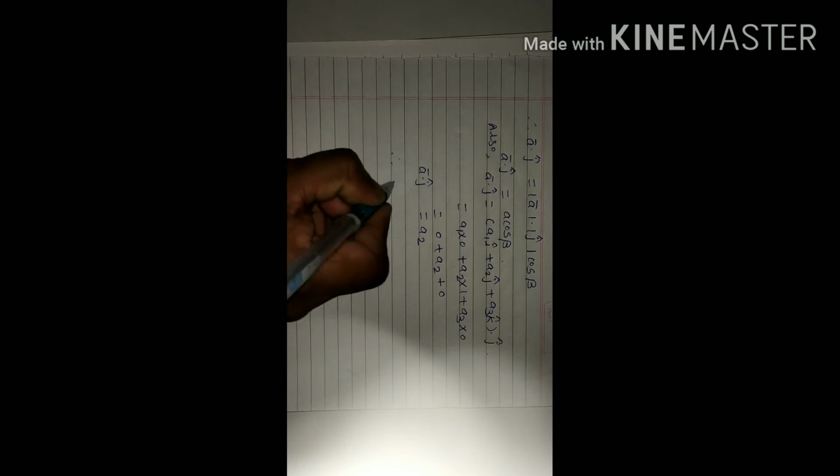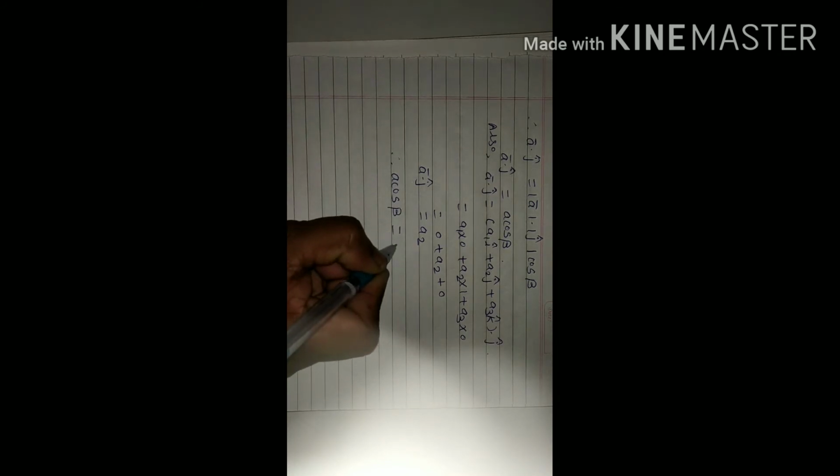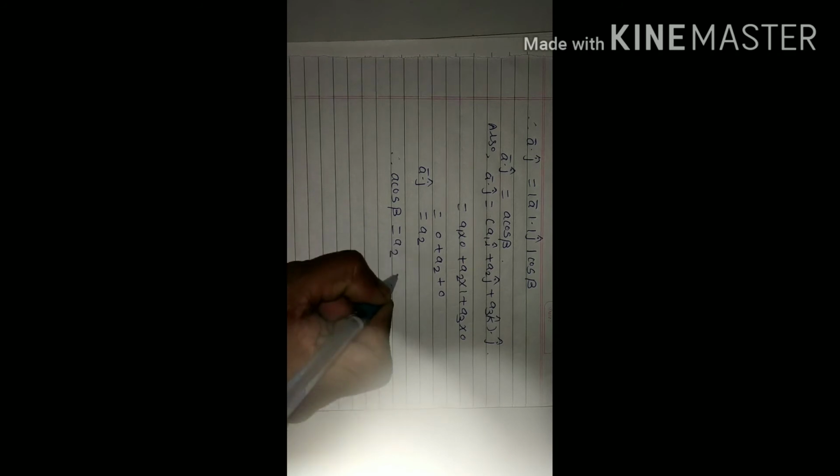Then observing both the above equations, we write A cos beta is equal to A2. We give this equation number 3.